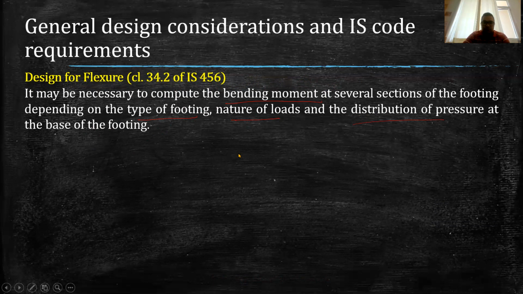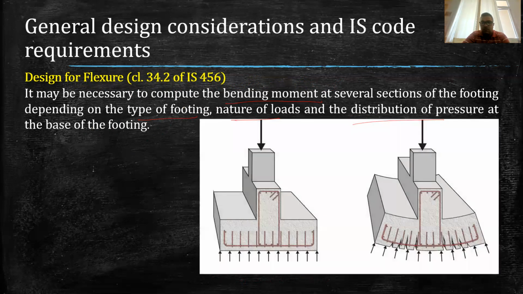There are various criteria on which this bending moment depends. And if we want to see how bending will fail the foundation, we can understand with the help of this diagram. If this is the foundation of the column, which is subjected to external load, say P, and because of this P, the soil is offering some reaction. Now, as you can see, this part and this part will be behaving like a cantilever.